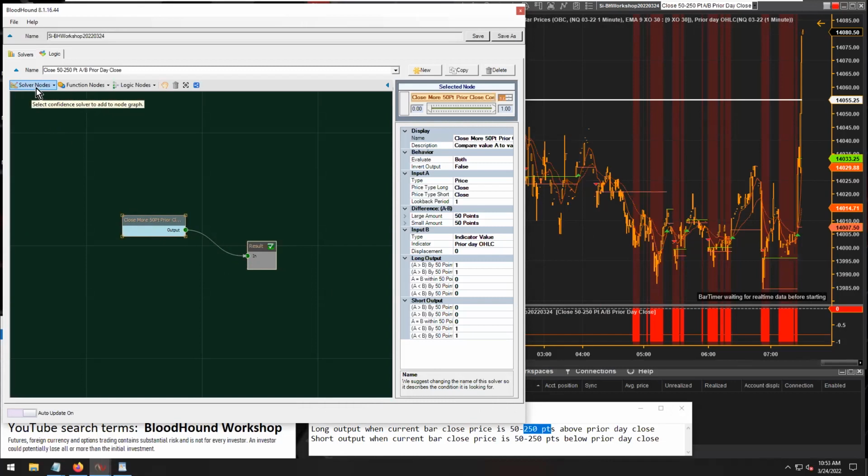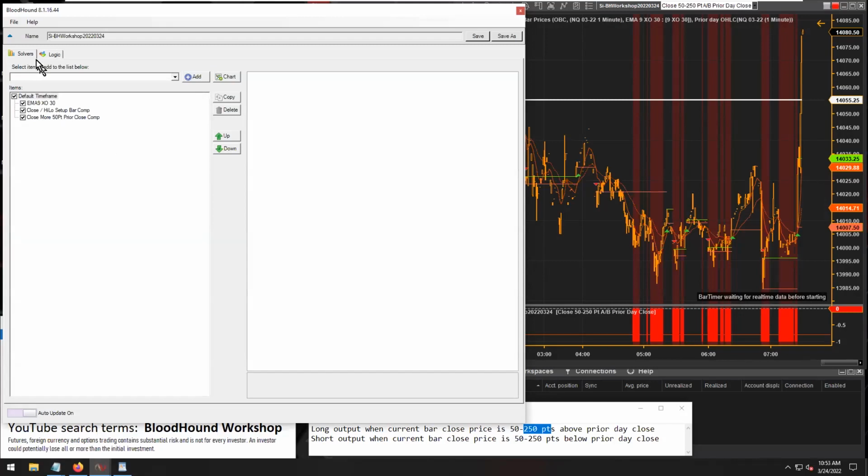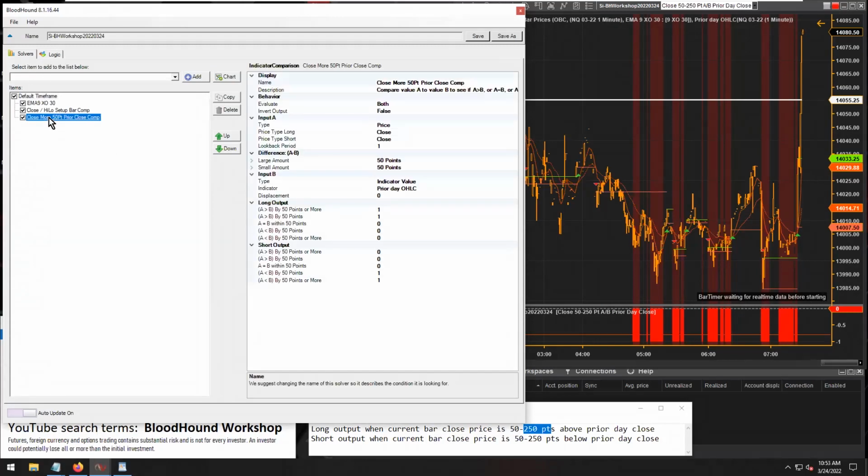So I'm going to take a little shortcut. We already have one solver made with the 50 point. So I'm going to go to my solvers tab and take the solver that I already created and make a copy of it.